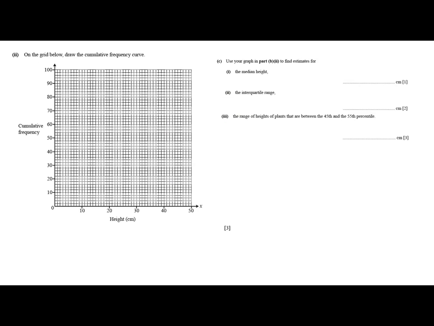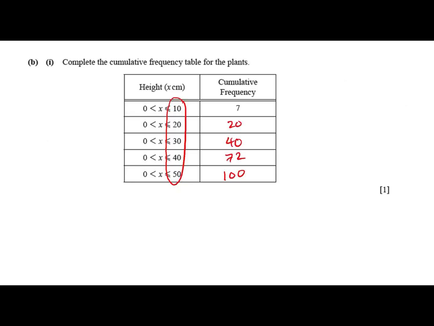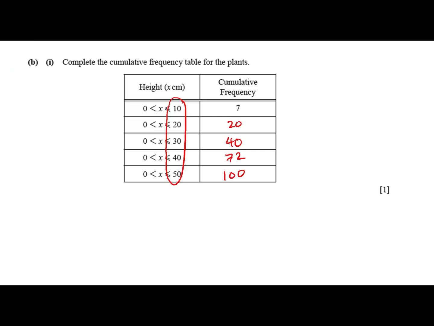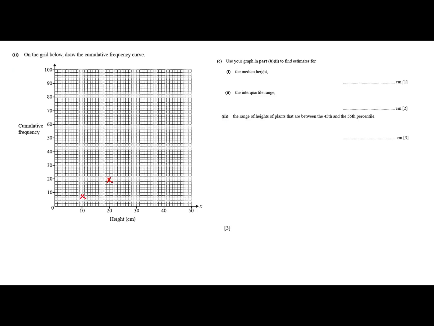So we're going to go 10, 7, which would be about there, 20, 20, which would be about there, 30, 40. I'm just trying to make sure I get that right. You can use a ruler in the exam, so you make sure.